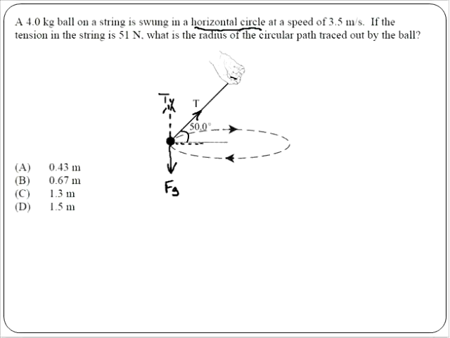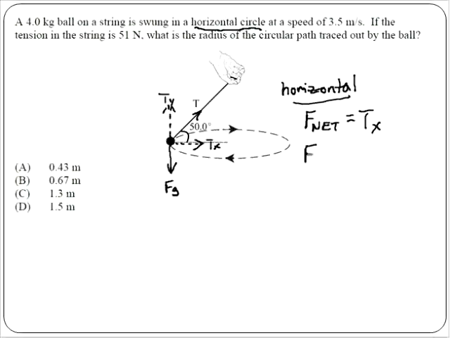But it also has a horizontal component, which we're going to call Tx right there. There's your horizontal force. We use the horizontal because it is a horizontal circle. So for horizontal, my F net is equal to Tx.